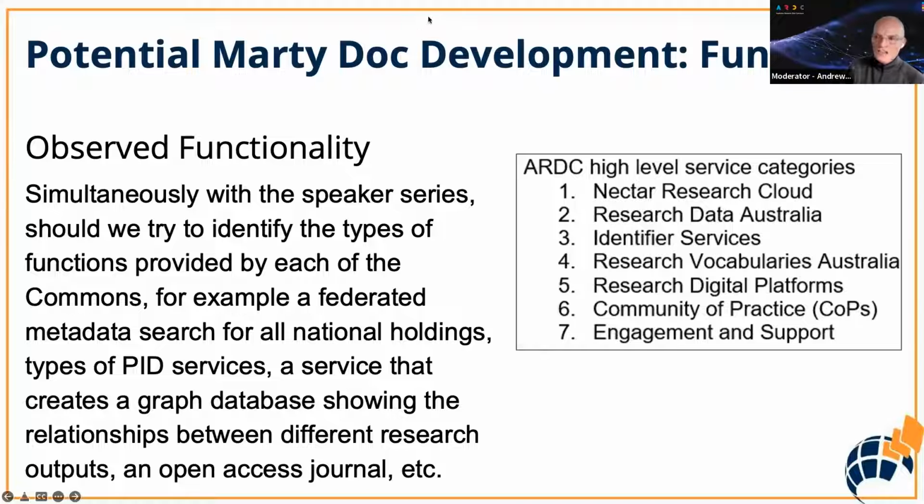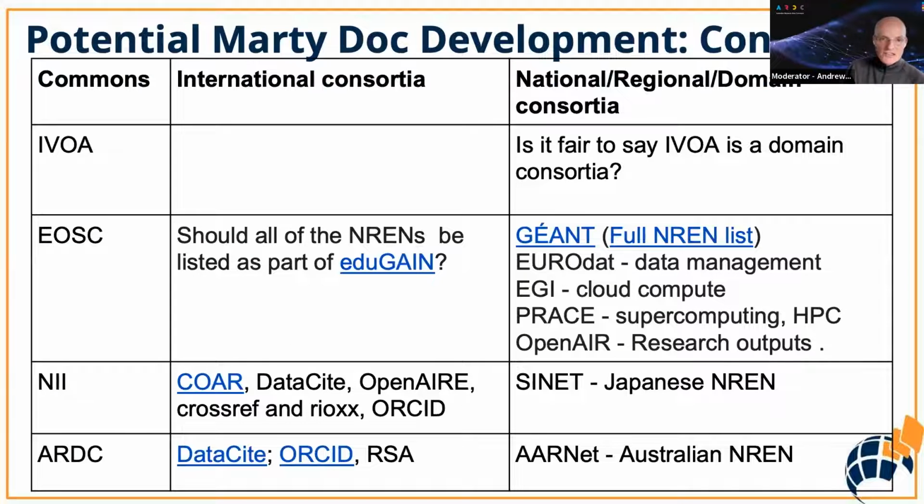Really trying to get a sense of how these different national and pan-national approaches and domain approaches map onto this high-level architecture to see if it makes sense. And we've got some questions about some of the consortia that we might want to explore with them.